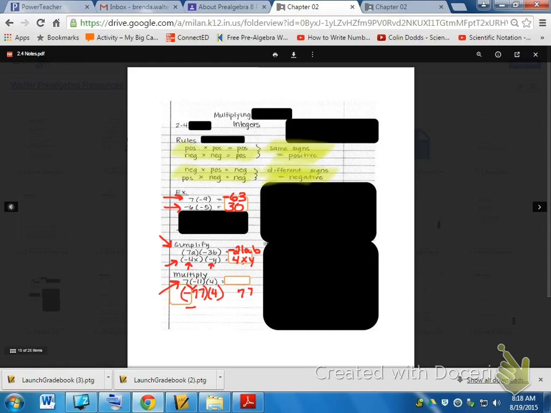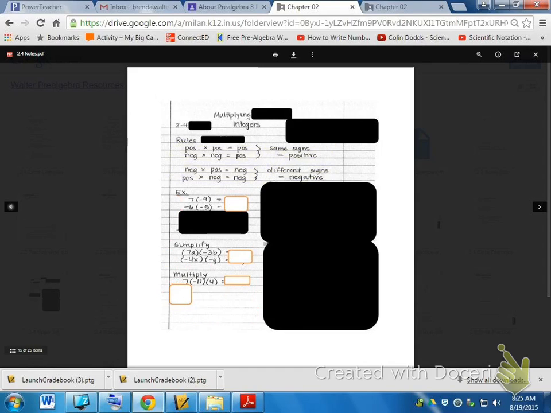And then I just have to do 77 times 4. We might need to write that over here on the side to check that out. So what is 4 times 7? 28, and then 4 times 7 again, 28, but this time we have to add in the 2. 308. So negative 308. That would be my final answer. Just do those 2 at a time and continue on and follow the sign rules throughout the problem. Questions on that?